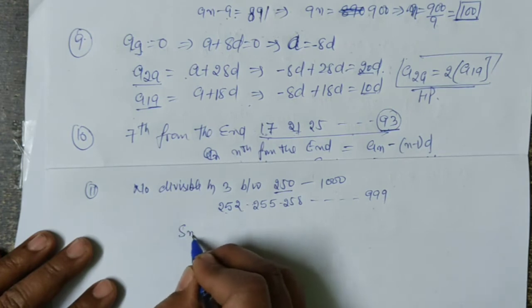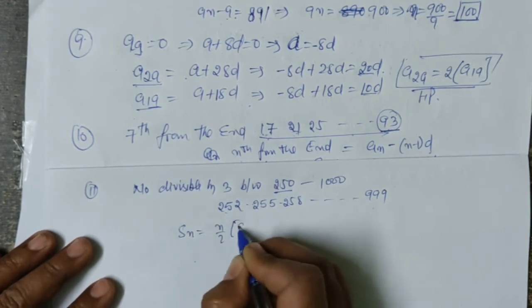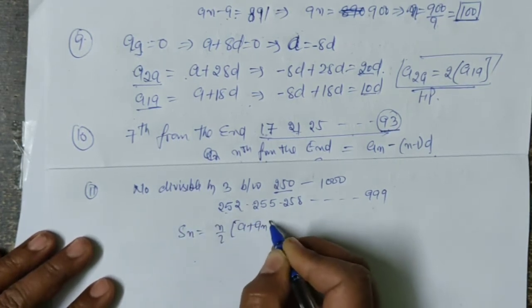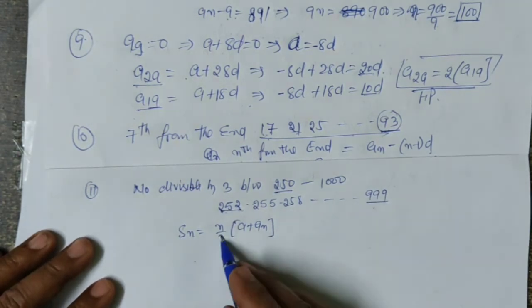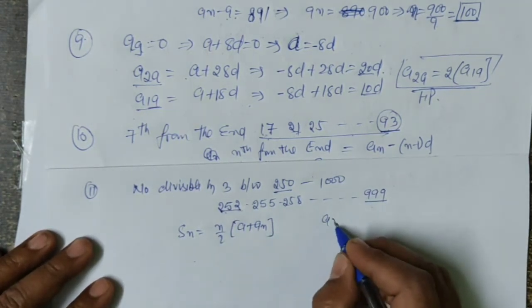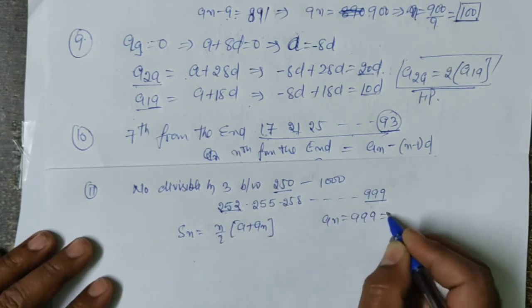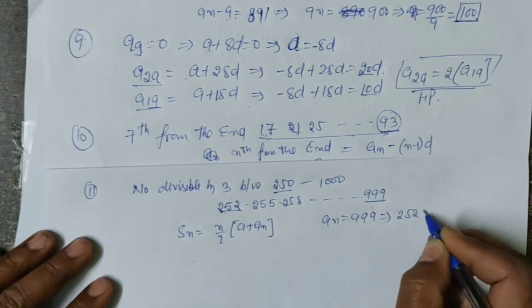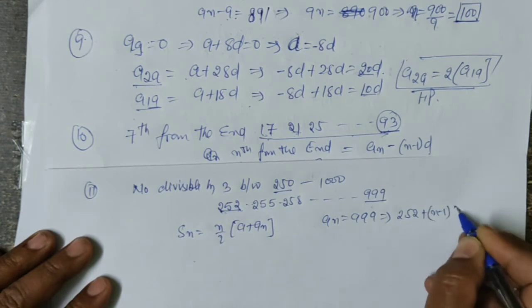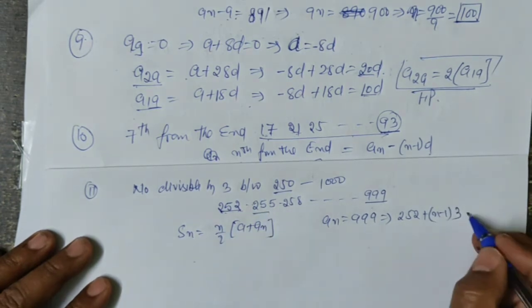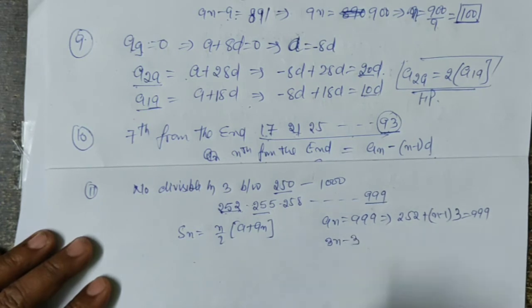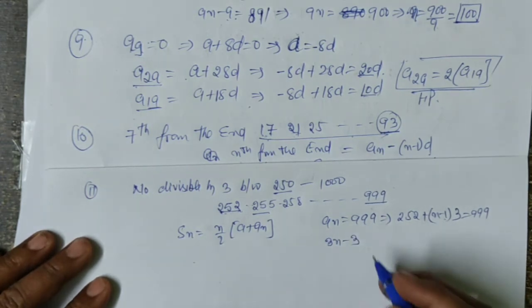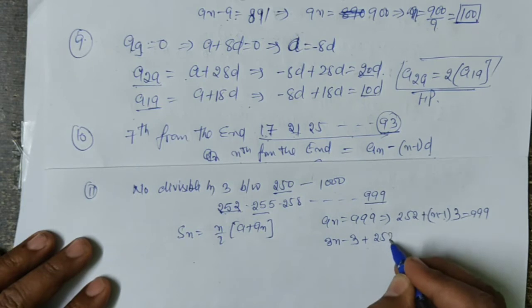The Sn is n by 2 into (a plus an). Very clearly you have a and an, but you don't have n. To find n, an is 999, that is 252 plus (n minus 1) into 3, d being 3. So 999 equals 3n minus 3 plus 252.